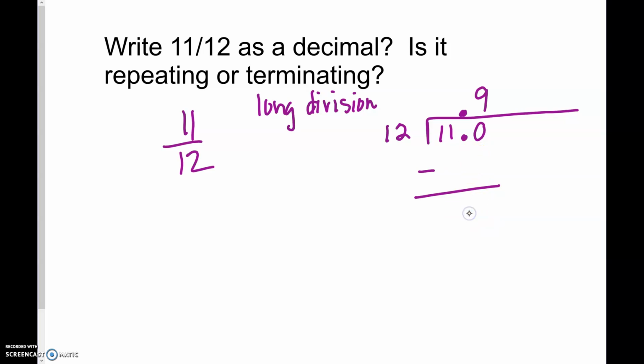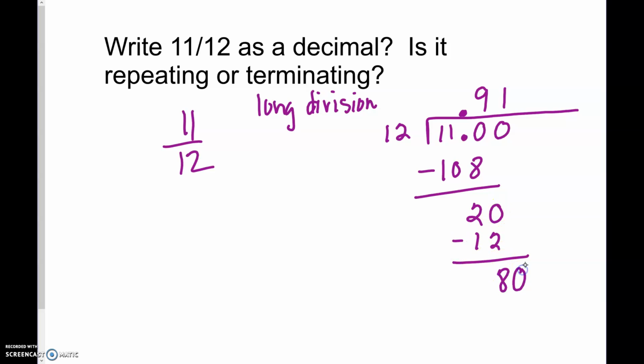Now what is 12 times 9? It is 108. So 110 minus 108 is 2. Bring down a 0. 12 goes into 20 just one time. 1 times 12 is 12. 20 minus 12 is 8.